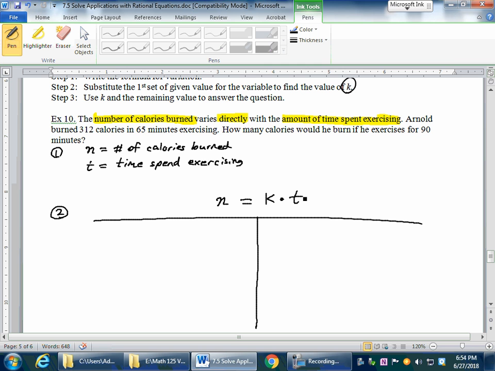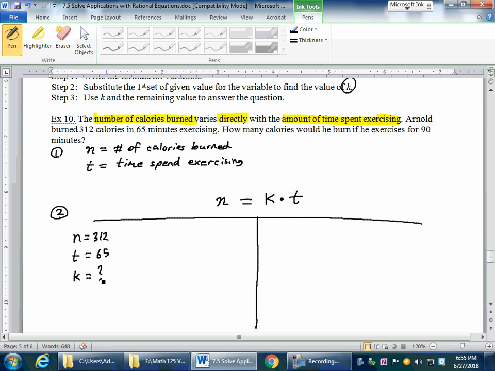Now, the first set of information tells you the number of calories burned is 312, and it will take 65 minutes to exercise to burn that much. So from this first set of information, now I can find my k, because notice that in the formula, we are only missing k now.